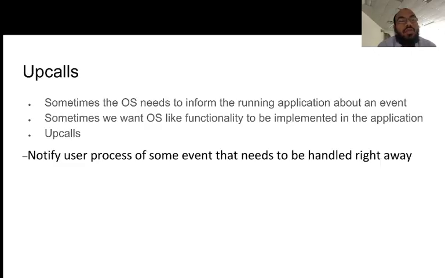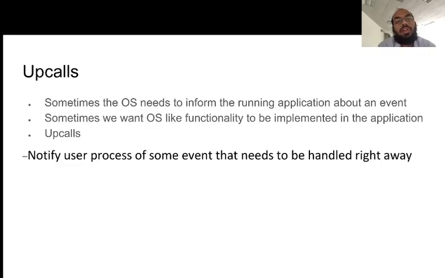This is also because sometimes we want operating system like functionality to be implemented in the application. So if you are, for example, doing parallel programming, if you have a supercomputer and you're managing task placement on the different computers, and you're managing how much processing time each simulation or each supercomputing application takes, you want to be able to control the scheduling.